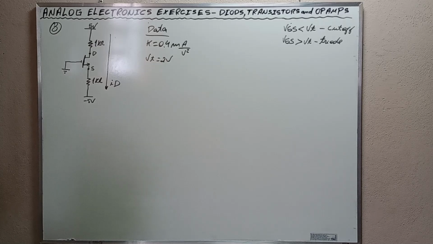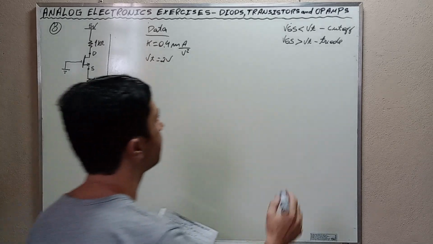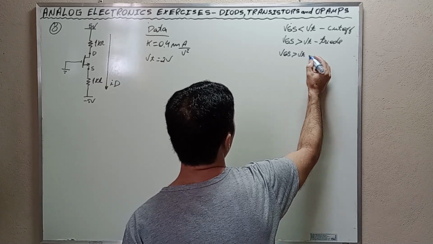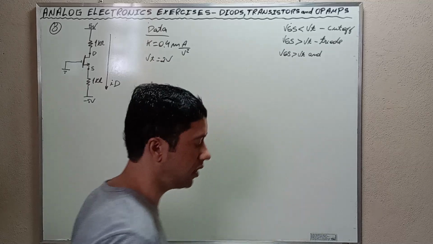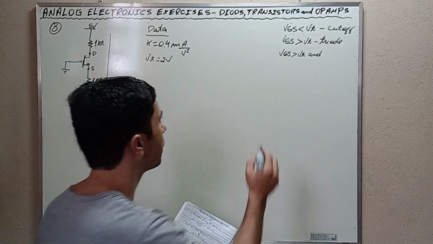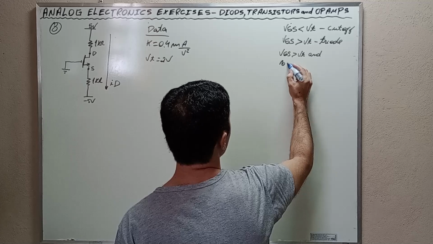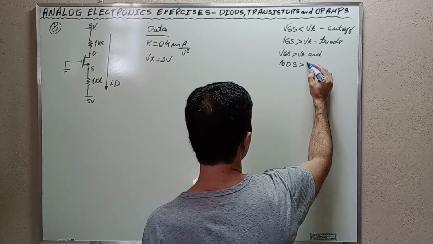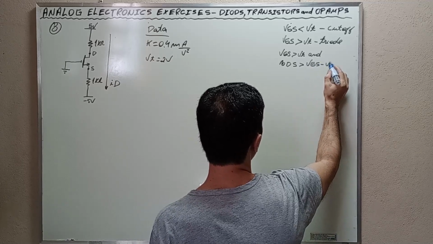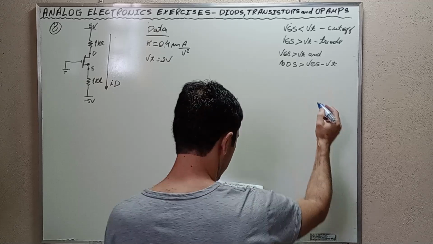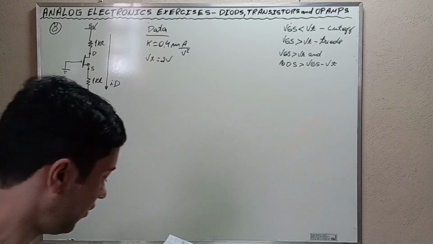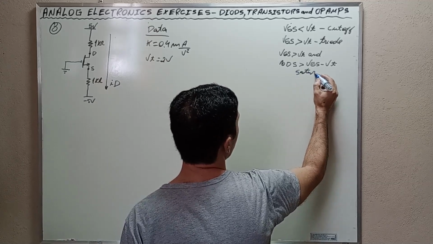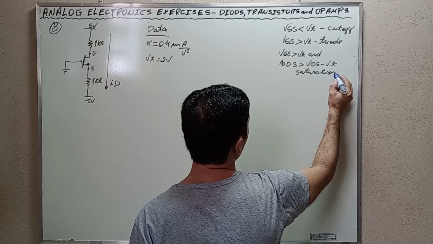However, when VGS is greater than VT, and in addition to this, VDS is greater than VGS minus VT, the transistor is operating in saturation. Okay?